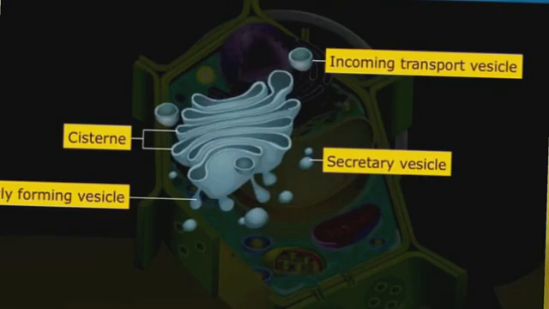Proteins and other substances made by ribosomes reach the Golgi complex through these. The main function of the Golgi body is packing of substances before they are transported to other parts of the cell.